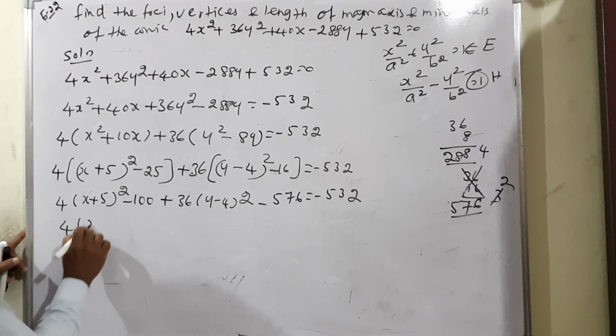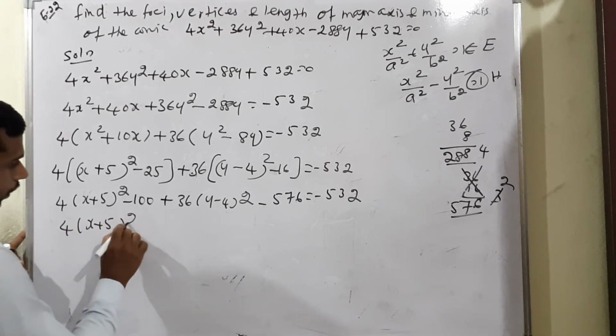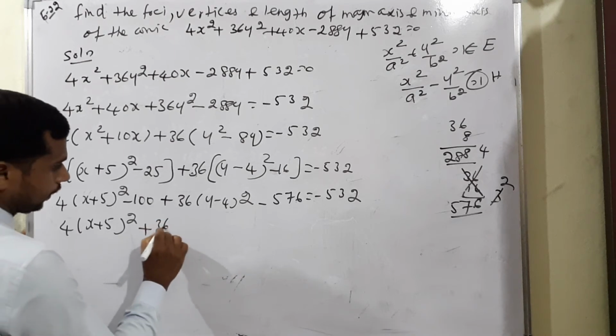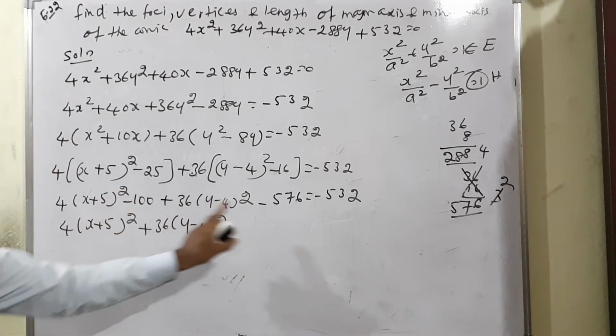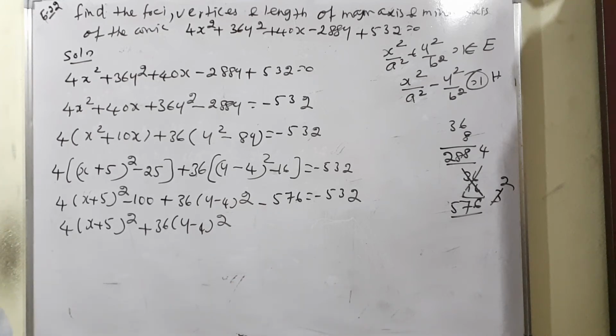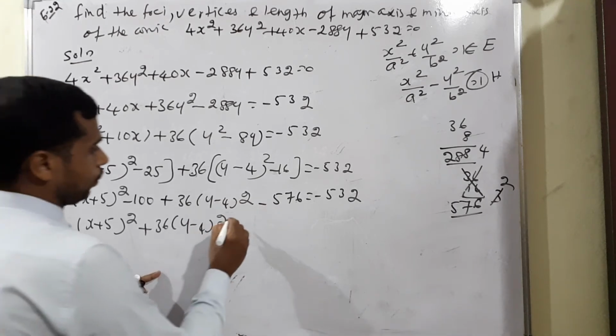So 4(x + 5)² + 36(y − 4)² − 100 − 576, that is −676.